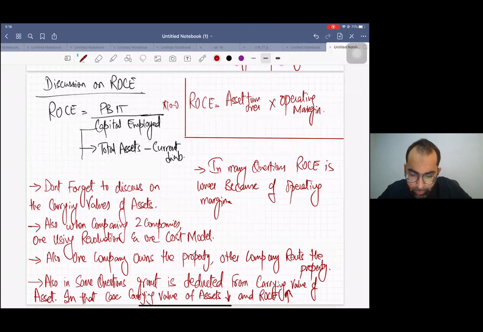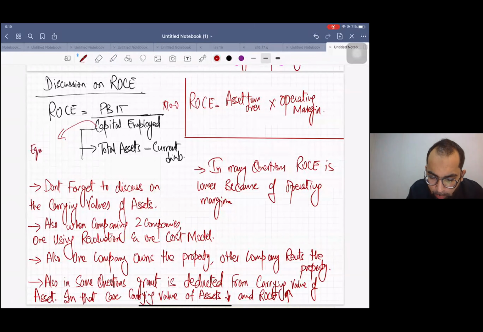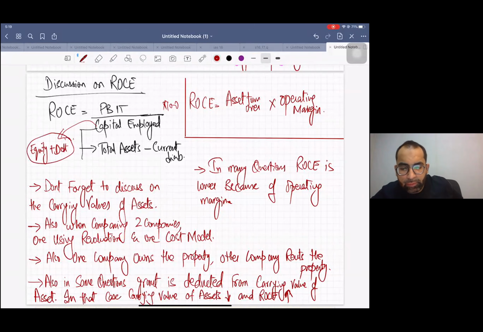What is capital employed? The first formula of capital employed is total assets less current liability, and one more formula is equity plus debt. Both formulas are equally acceptable.